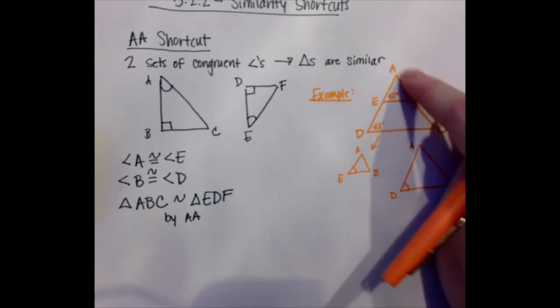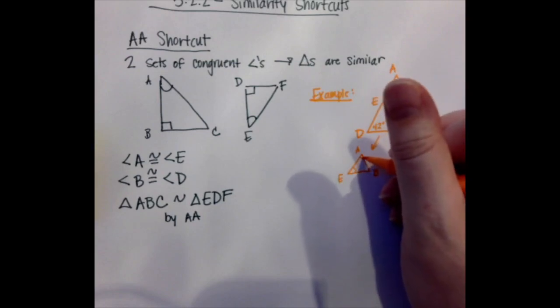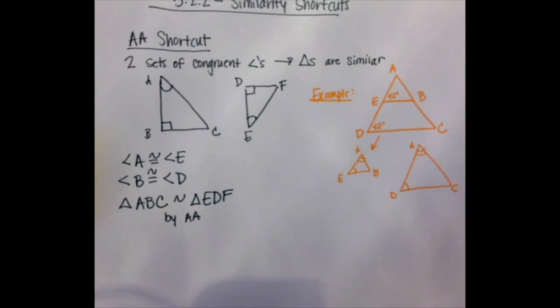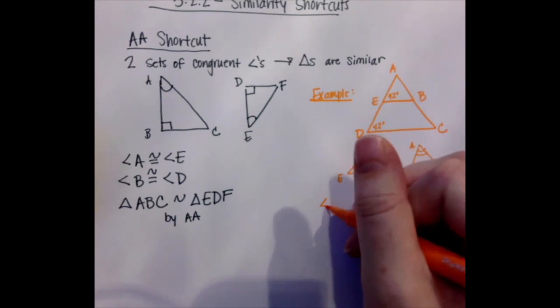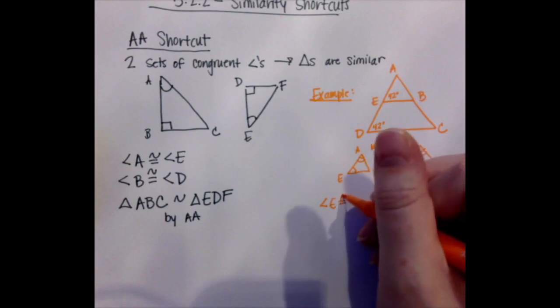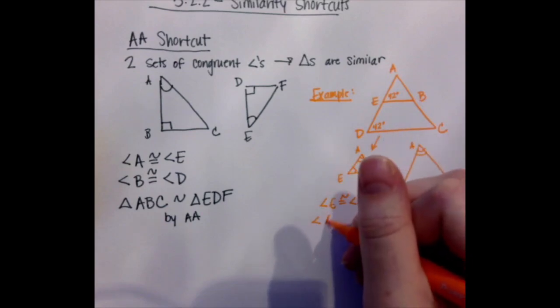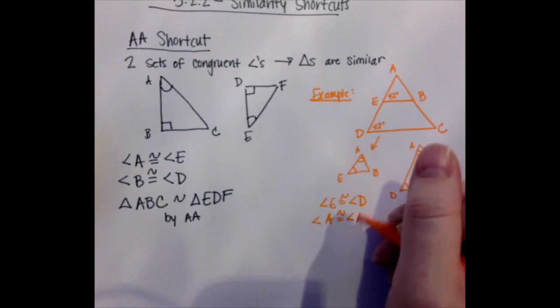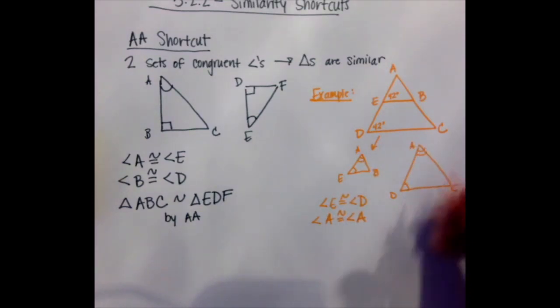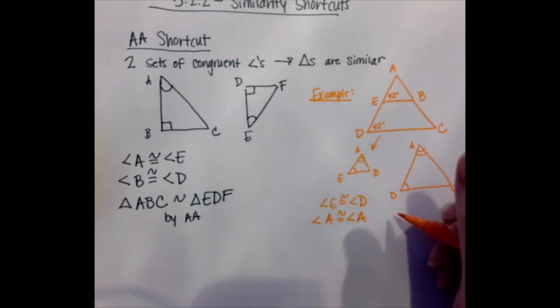So they're the same exact angle, and so they are congruent to each other because they're exactly the same. They are the same angle. And so because we can show that angle E is congruent to angle D, and angle A is congruent to angle A, then we know that our triangles are similar.